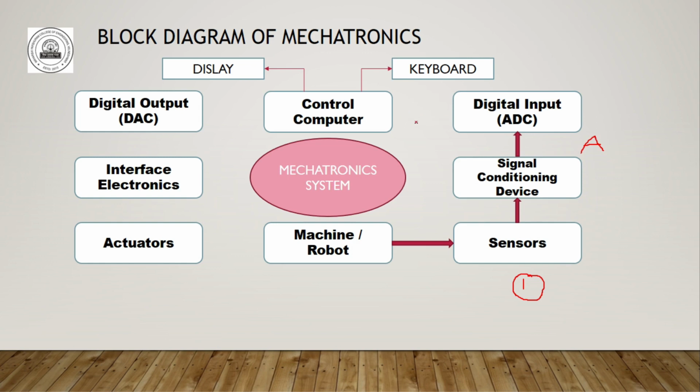But we know that the computer reads only digital or binary signals. That means we have to convert this analog signal into a digital signal. That conversion is carried out by the analog to digital converter. So the ADC converts the analog signal into digital form so that it can be given as an input to the computer.